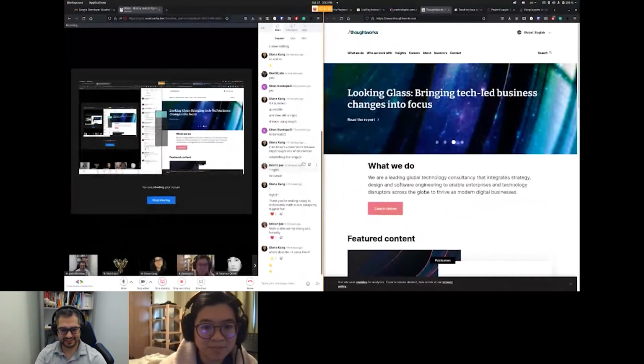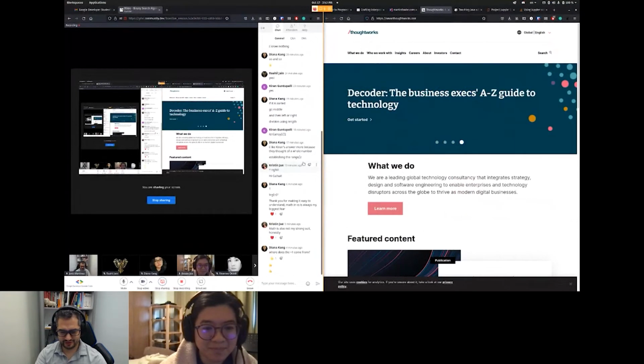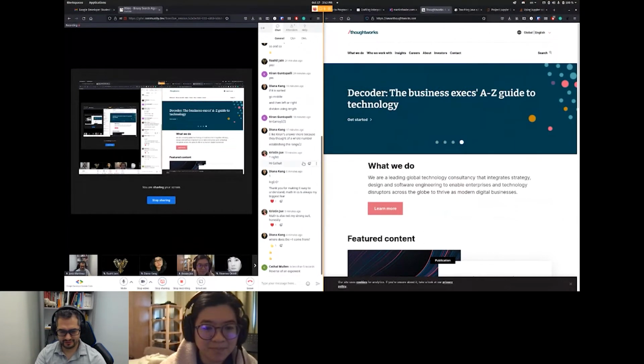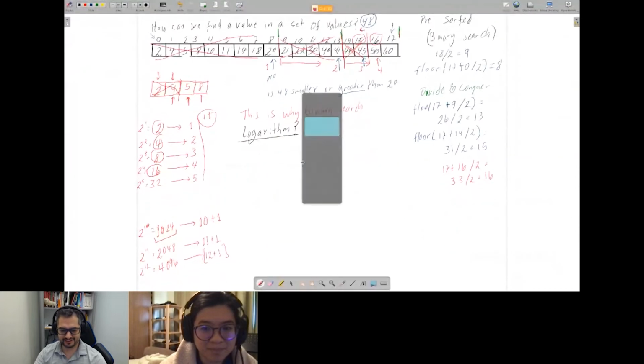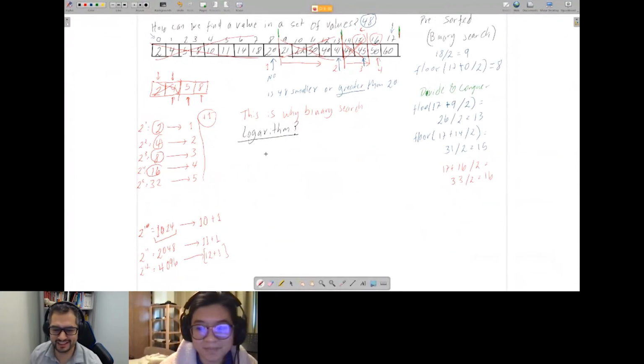Let me look at the chat. It's the reverse of an exponent. Yes. So a logarithm, and this is logarithm of base 2, by the way.